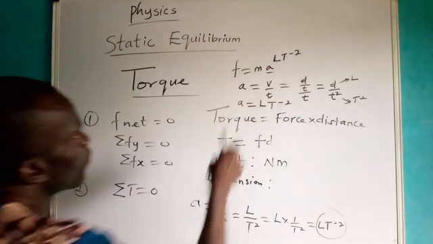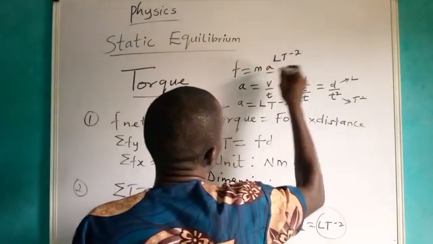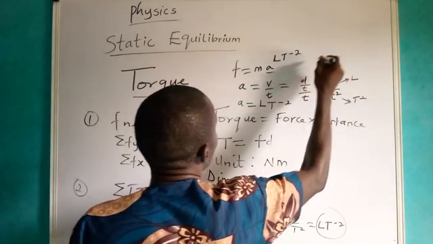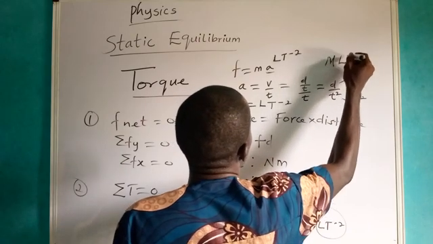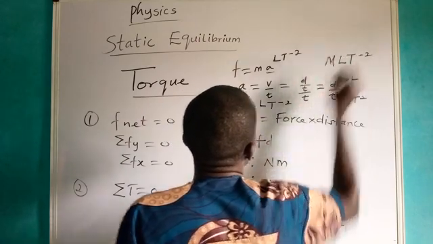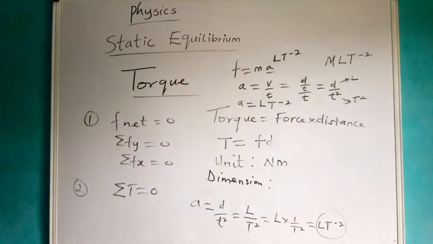Now when we bring it here, for force the dimension will be M L T power minus 2. That one becomes the dimension of force.